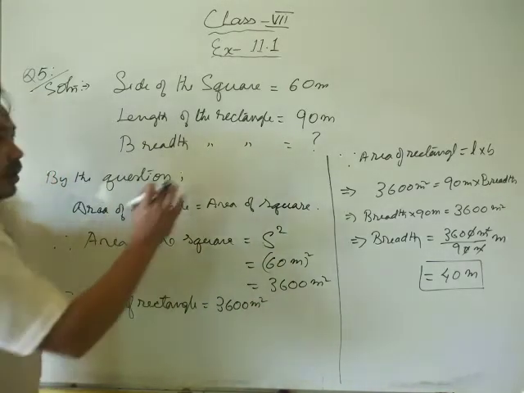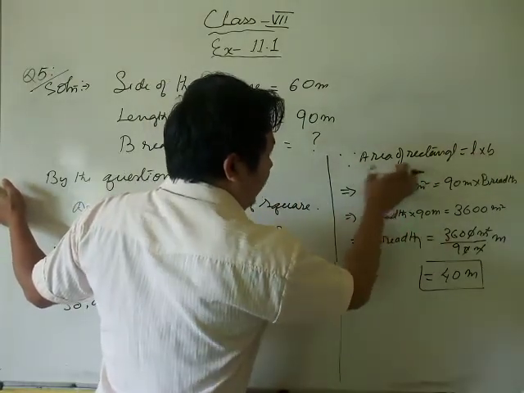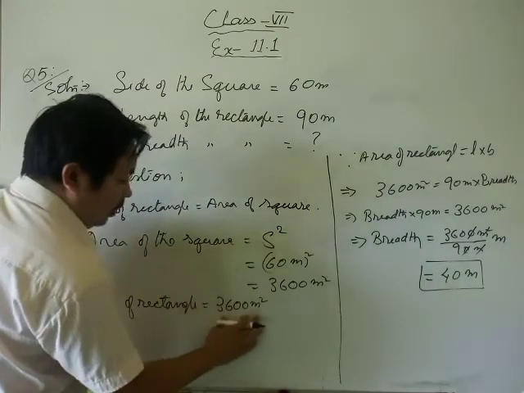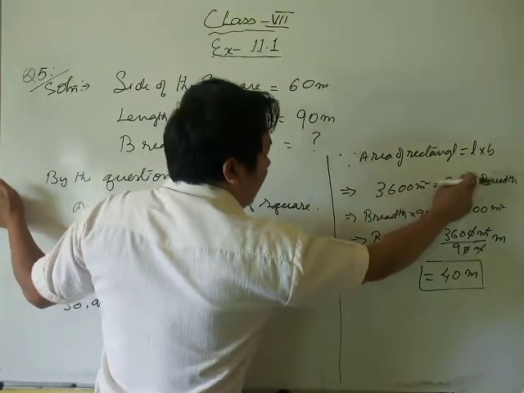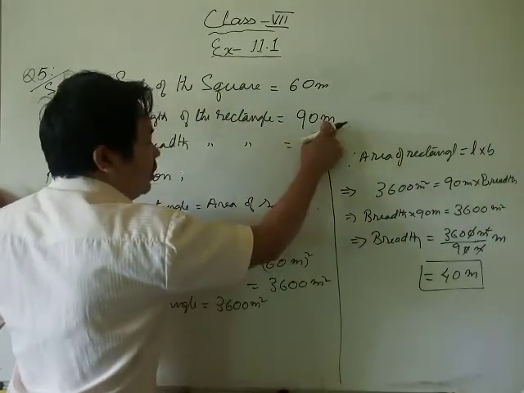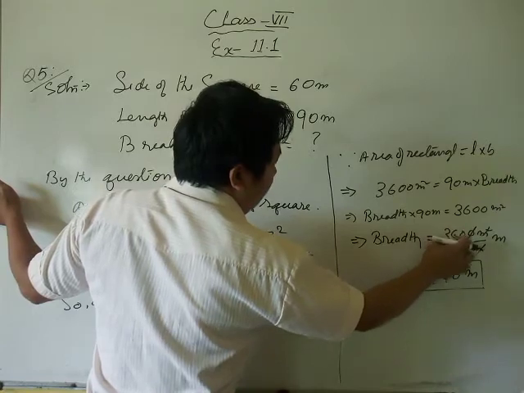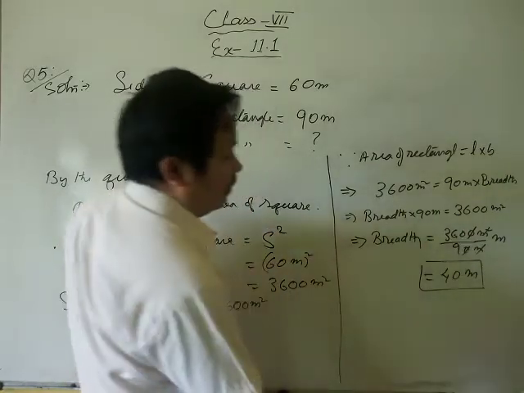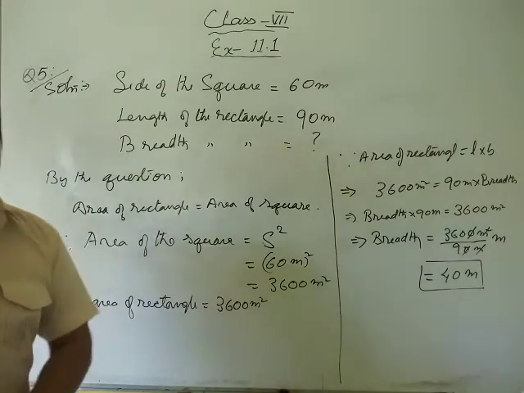Since area of the rectangle is equal to L into B, we have 3600 meters square equal to length 90 meter, given in the question, into breadth. So breadth will be equal to 3600 divided by 90, and we got 40 meter. Okay, so this is the answer. Now let's go to the next question.